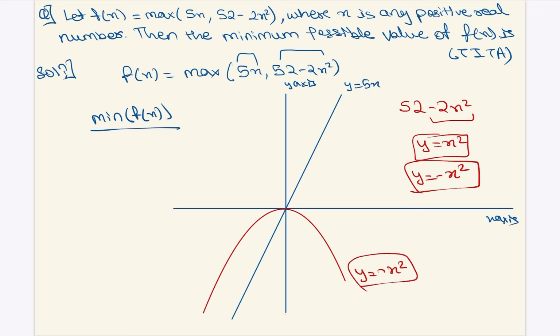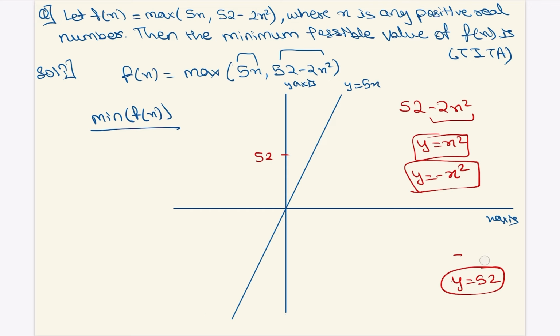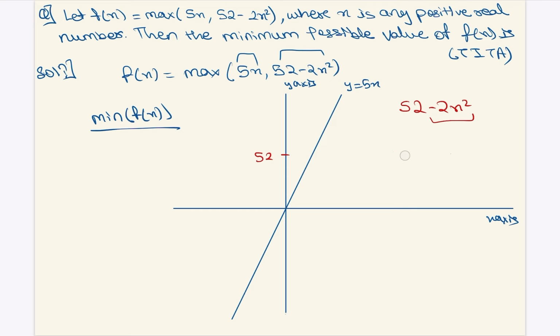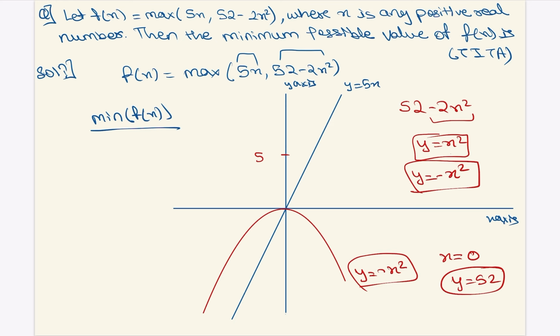Now at the origin, when x is 0, y is 52. That basically means that my point of contact with the y-axis at 0 is somewhere around here, which is 52. So I need to change my graph from this to this.